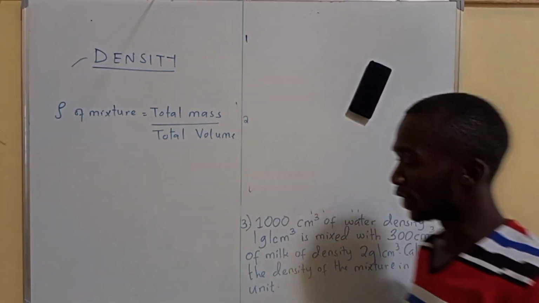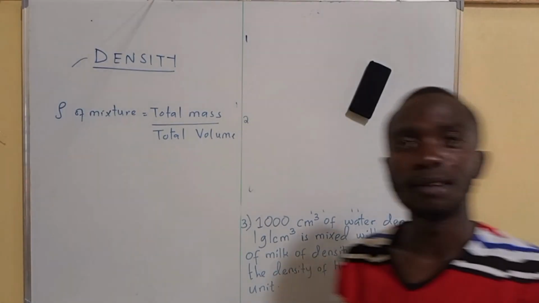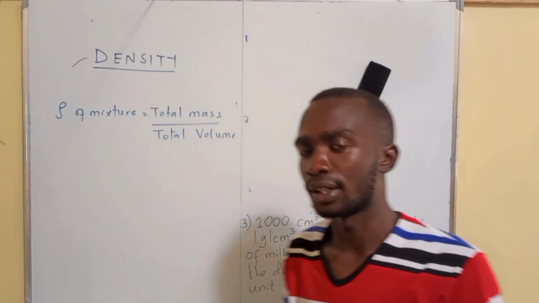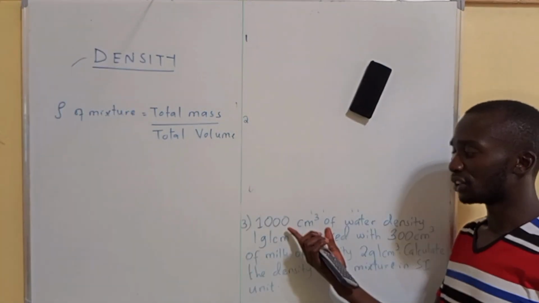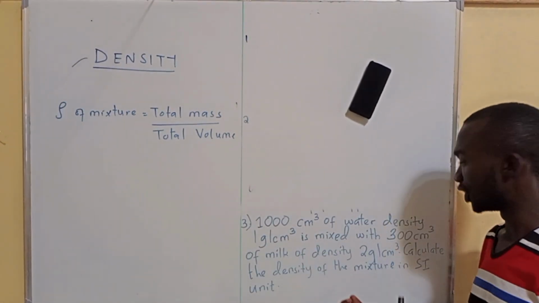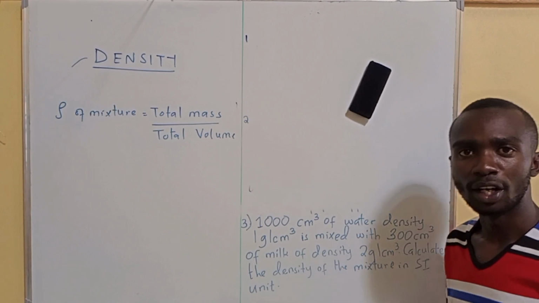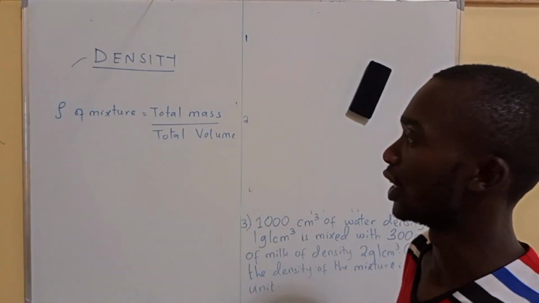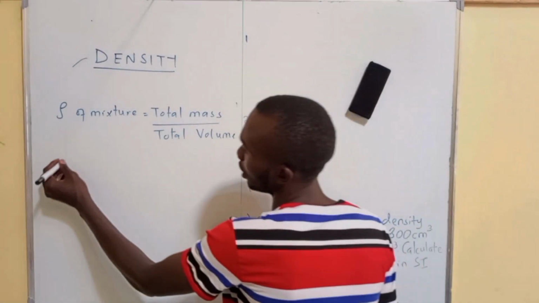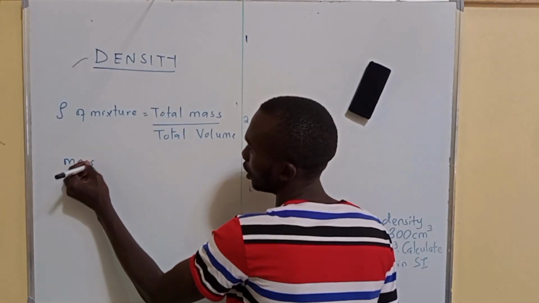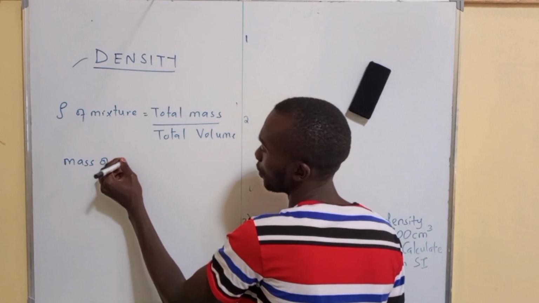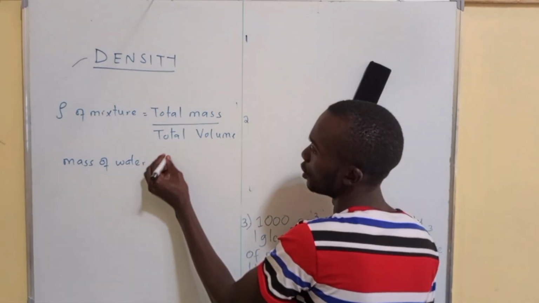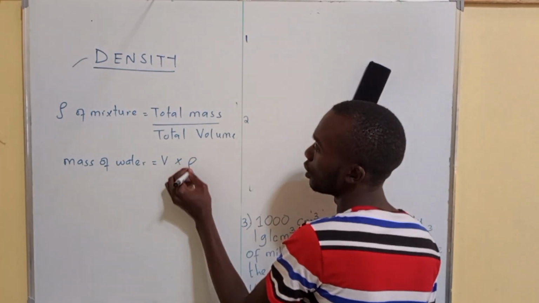Now, for the total mass in this question, we must have the mass of water and the mass of milk, the volume of water and the volume of milk. The volume of water is 1,000 cubic centimeters. The density of water is 1 gram per cubic centimeter. So using the volume and the density of water, we can get the mass of water. So the mass of water is equal to the volume multiplied by the density of water.